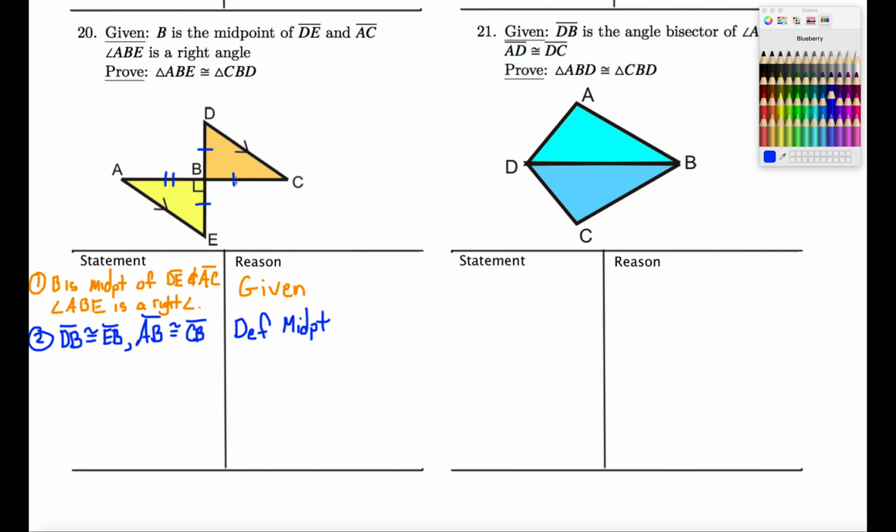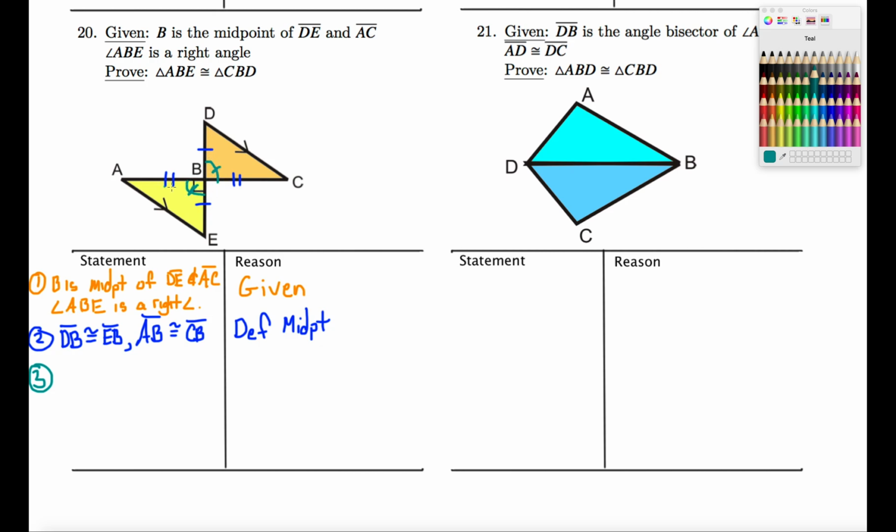Okay. What we got now? So, I think we really don't need this right angle information right here. I mean, we can prove that these two angles here are congruent, can't we? What kind of angles are these?